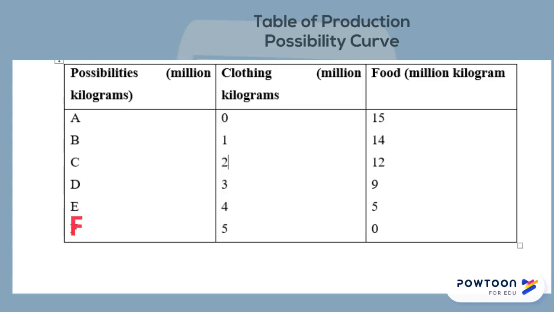F represents an extreme where all clothing and no food are produced, while A represents the other extreme situation where all resources go to the production of food. In between, B, C, D, and E, food is being given up increasingly to have more clothing.